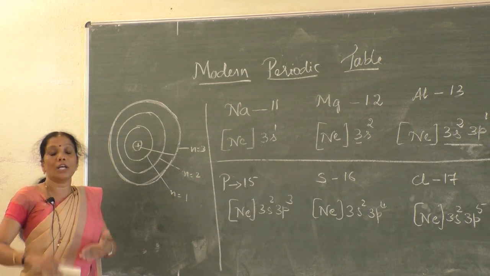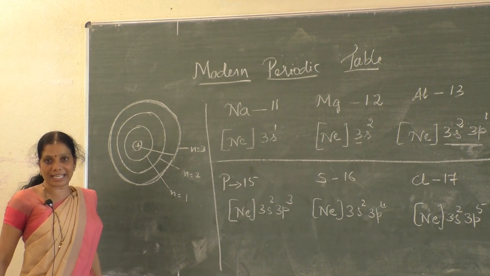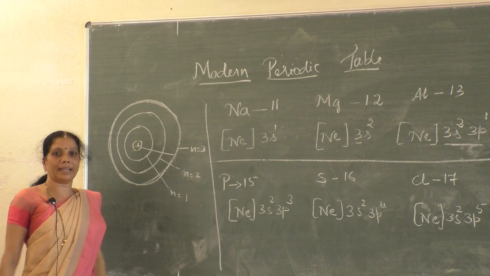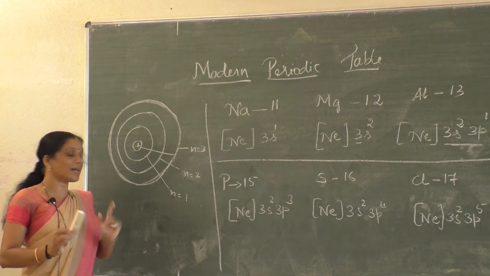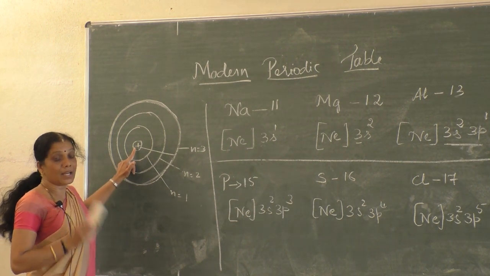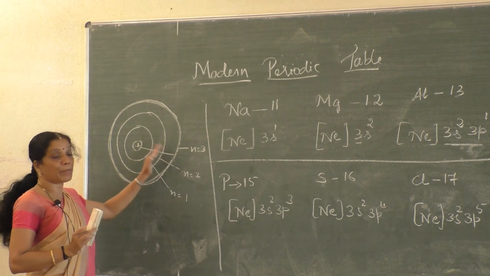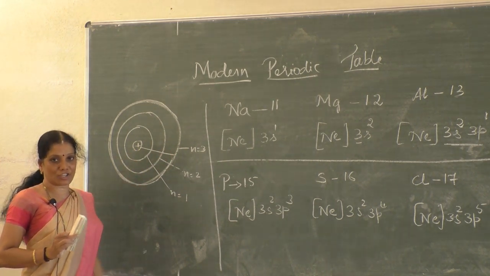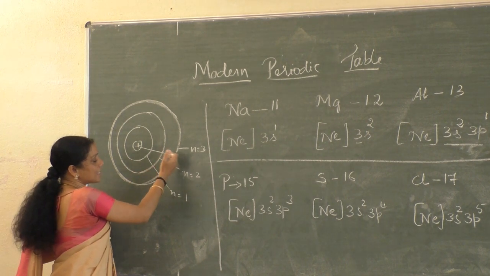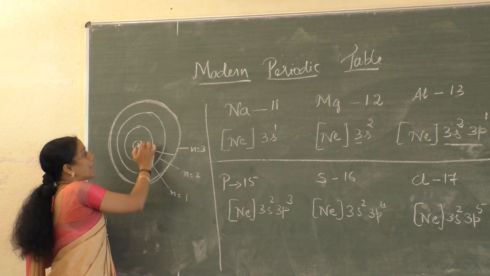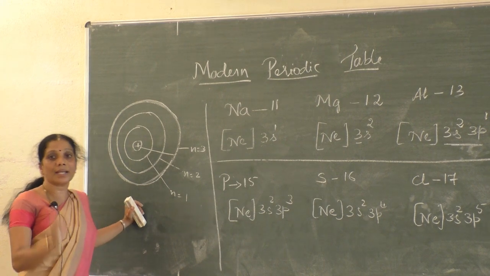That means not only does the number of electrons increase, simultaneously in an atom there is always an equal number of protons and electrons, isn't it? Hence, as the number of electrons increases, the number of protons also what happens?